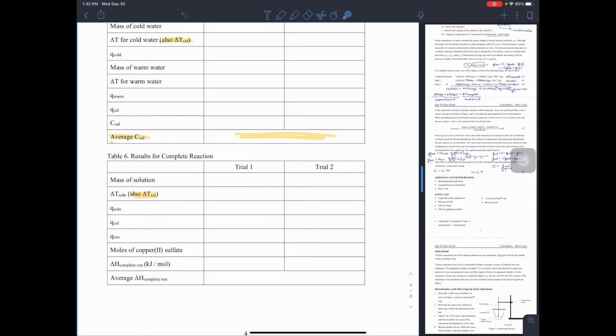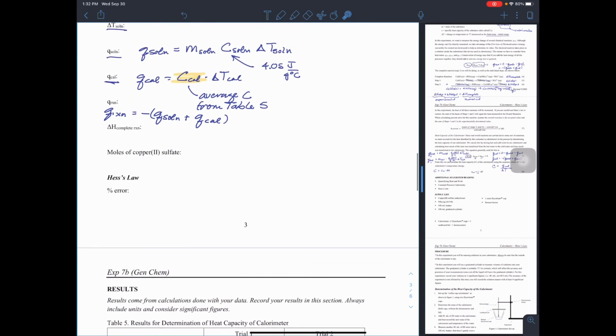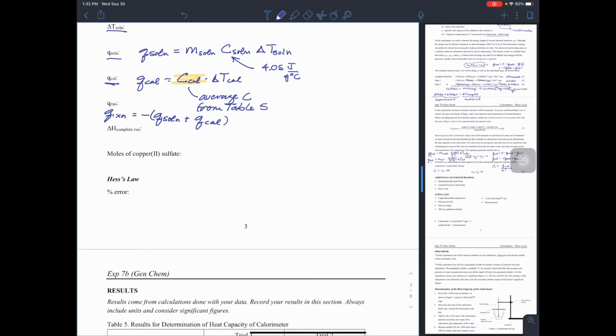So you're going to record that right here, Q for the reaction. I have to fix the report sheet because next up is the moles of copper sulfate. So these need to be switched. Try to fix that on your report sheet. Moles of copper sulfate, you've got grams of copper sulfate.